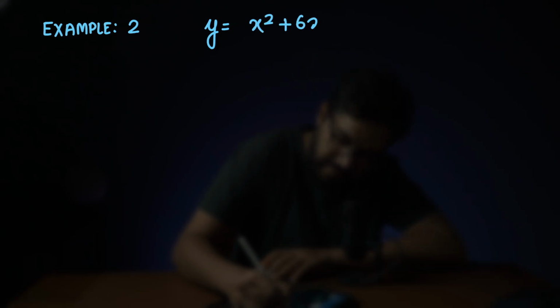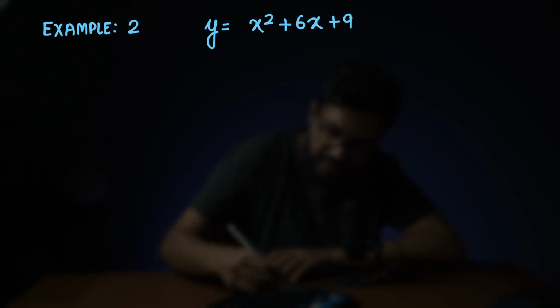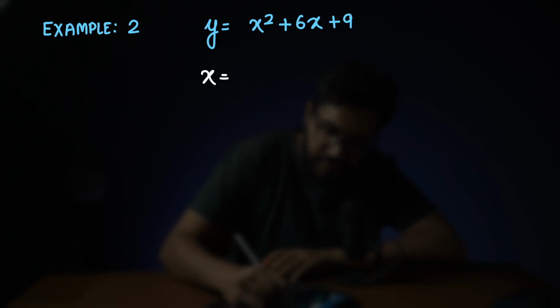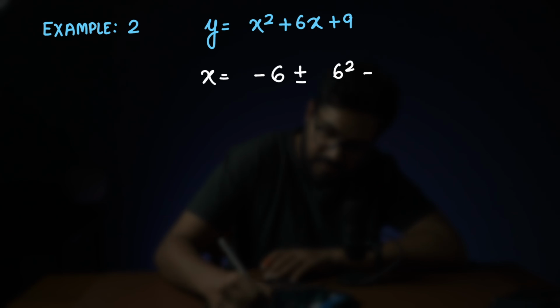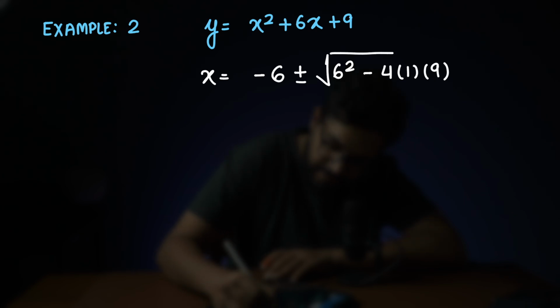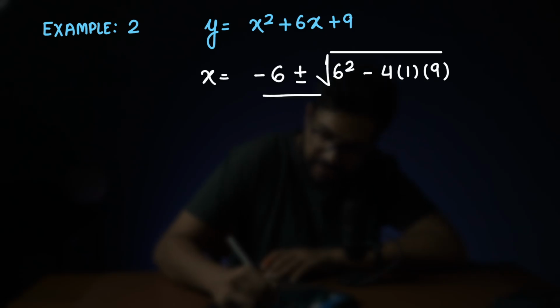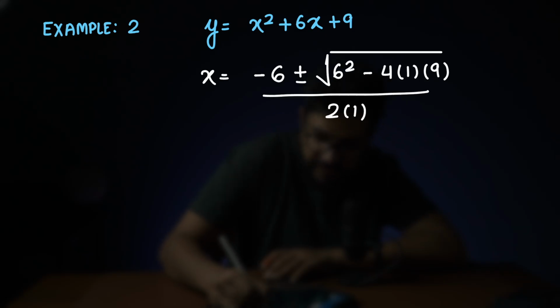Now coming to example 2, suppose we have y is equal to x square plus 6x plus 9. Again, if I apply the quadratic formula, x is equal to minus 6 plus minus root of 6 square minus 4 times 1 times 9, divided by 2 times 1.